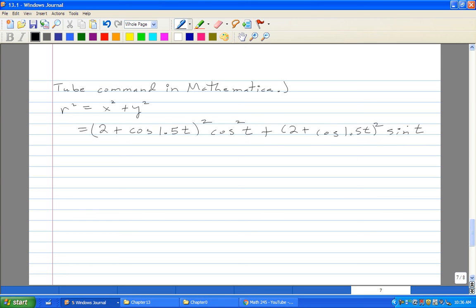So this is equal to, well, I could factor out a 2 plus cosine 1.5t squared. What remains is cosine squared plus sine squared, which is 1. And so, taking the square root of both sides, I have that r is equal to 2 plus cosine 1.5t.